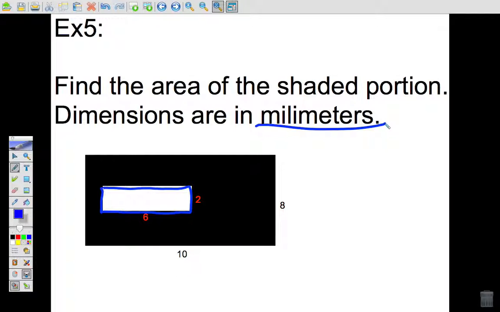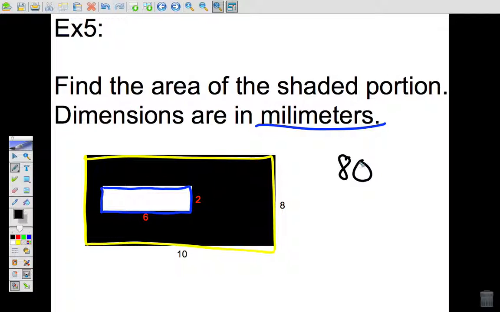All right, here's how you do this. Find the area of the whole thing. So in other words, what I mean is find the area of this whole big rectangle. Do the big part first. And let's see, it's 10 by 8, that's 80 millimeters squared, isn't it? Subtract the inside part. So now subtract the area of this inside part.